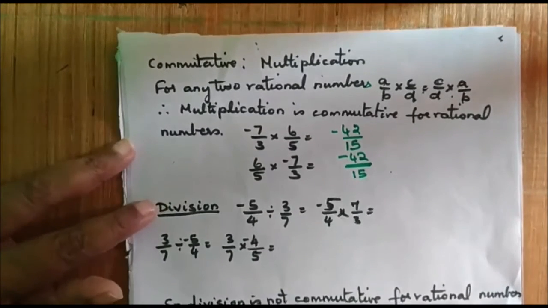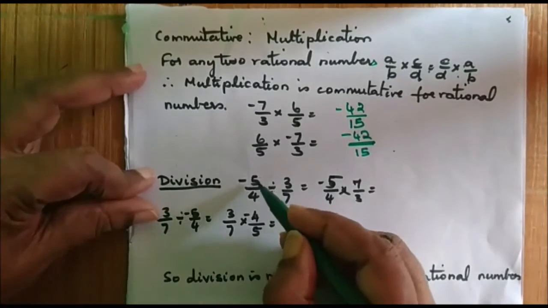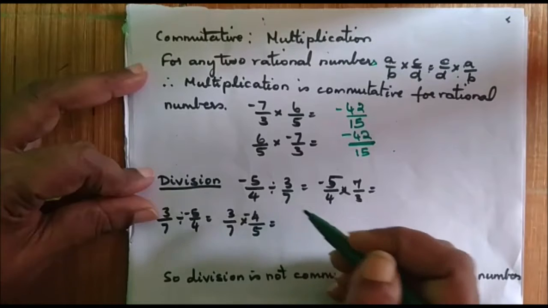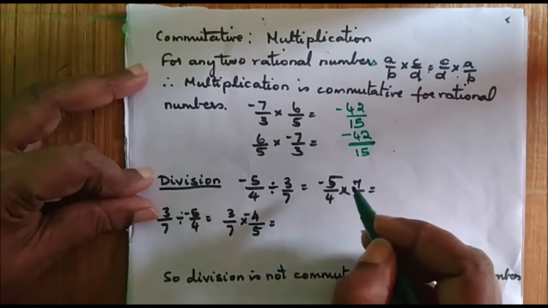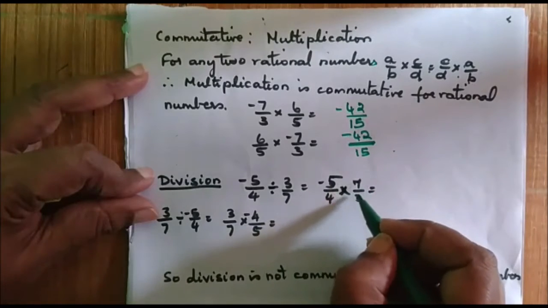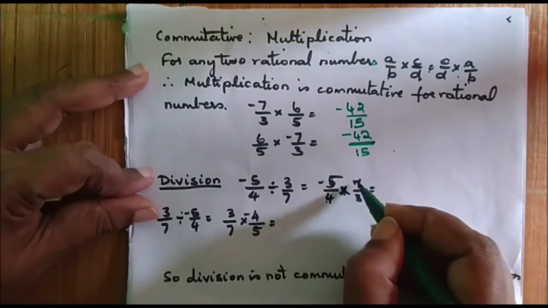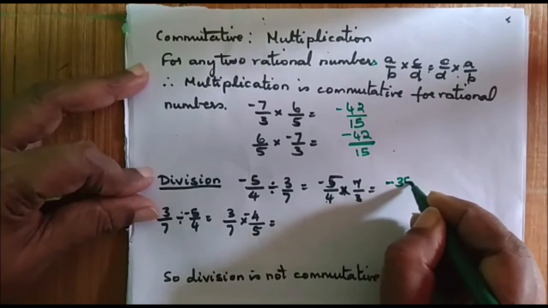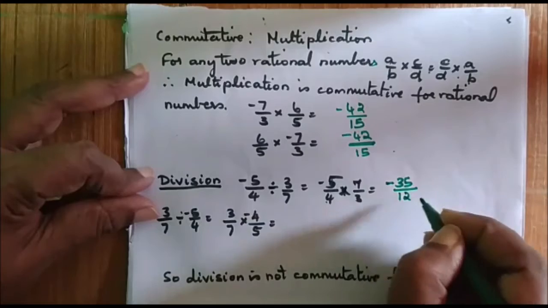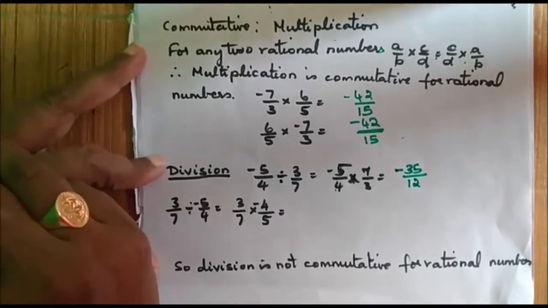Now, let us do the same thing in the case of division. Minus 5 by 4 divided by 3 by 7. Now, when I get the division symbol, what do we do? We multiply it with the reciprocal. So, minus 5 by 4 into 7 by 3, which is equal to minus 35 by 12. This is the answer we get. Now, let us check if we change the order.